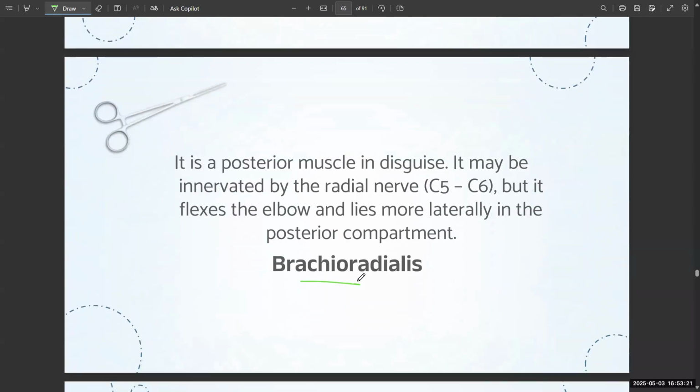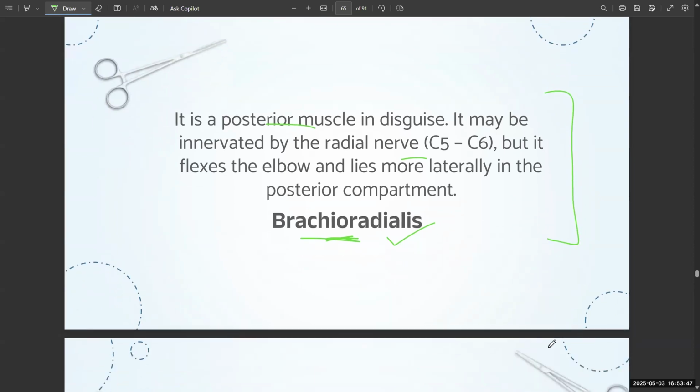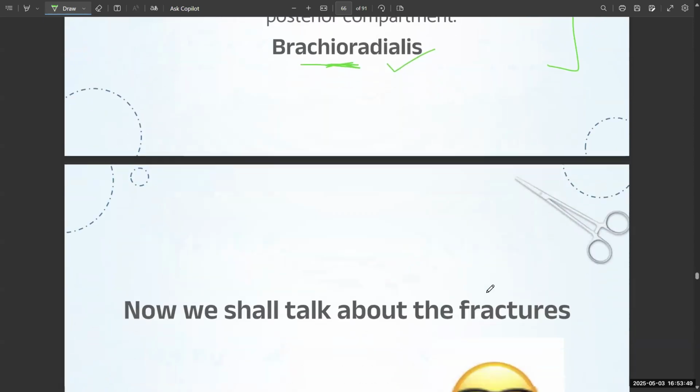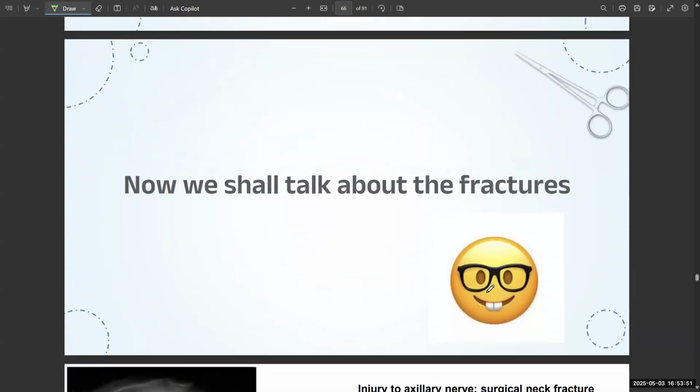The brachioradialis is a posterior muscle in disguise. It may be innervated by the radial nerve, but it flexes the elbow and lies more laterally in the posterior compartment. So basically what that does, this muscle will flex the elbow, okay? It will flex the elbow, but it is innervated by the radial nerve, okay? So moving on, we have the fractures.